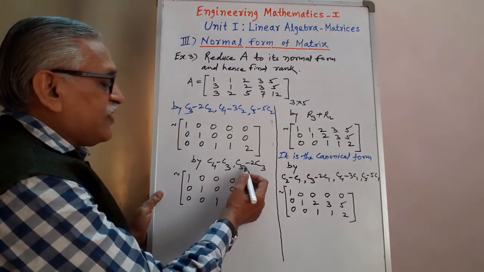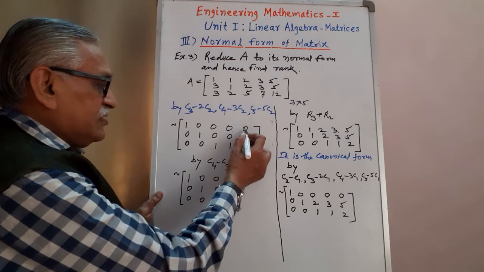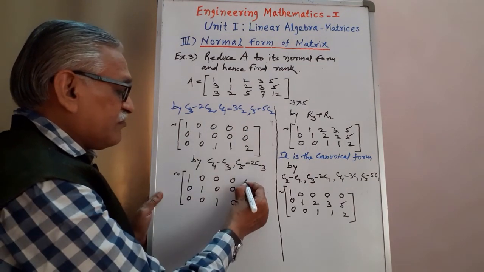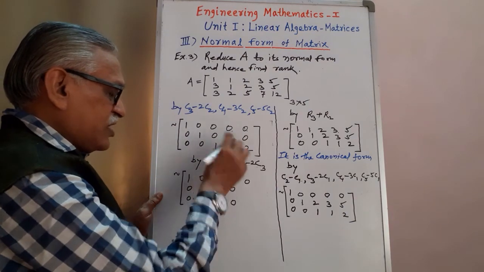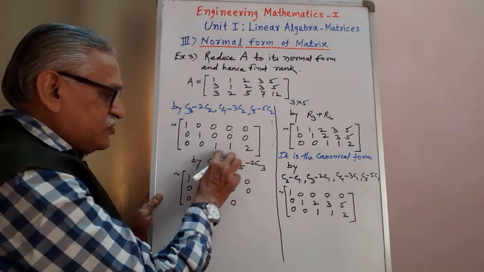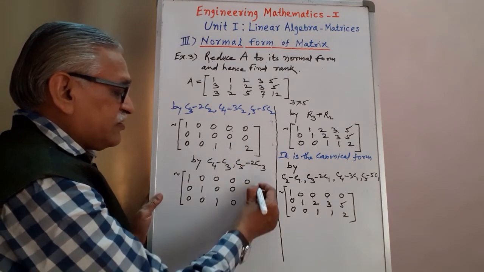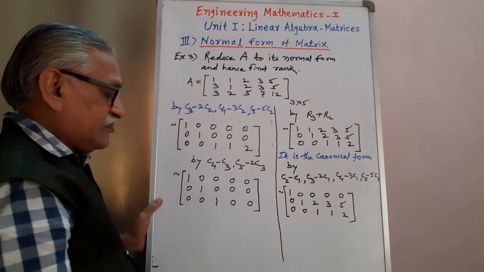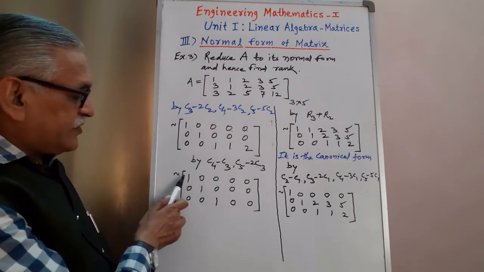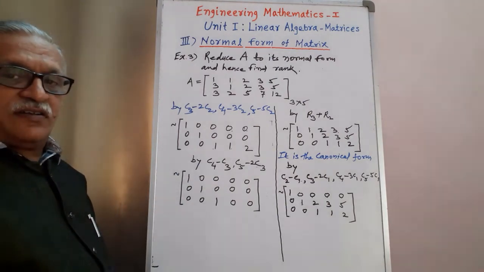Then applying C5 minus 2 times C3: 0 minus 2 times 0, 0 minus 2 times 0, 2 minus 2 times 1, 2 minus 2, we get 0 here. And here all the calculation is completed.